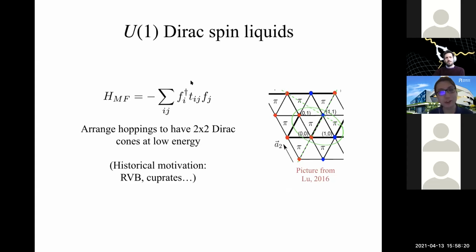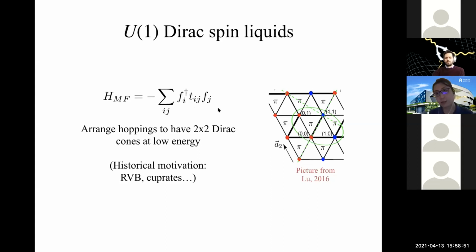In principle, this hopping parameter Tij can be chosen quite arbitrarily. But it turns out, at least in some cases, it's appropriate to choose the hopping Tij so that at low energy, you have emergent gapless Dirac fermions out of these auxiliary F fermions. These F fermions, I'll call them spinons in the rest of the talk.